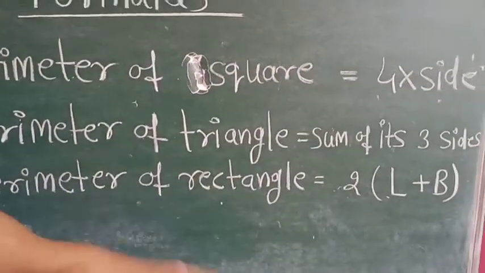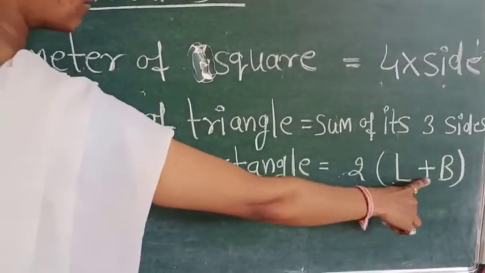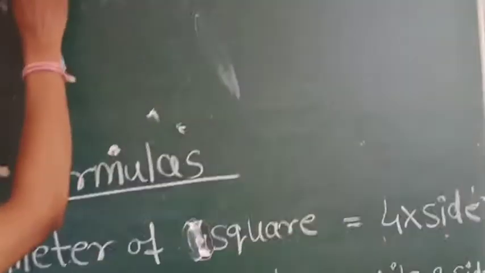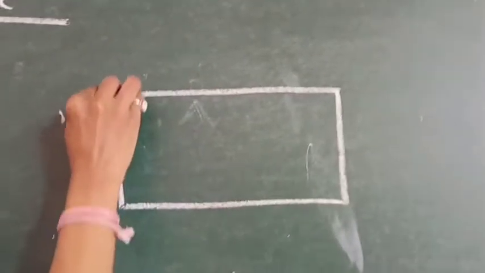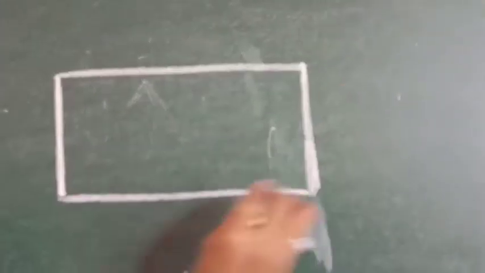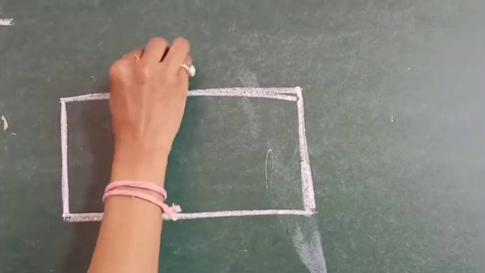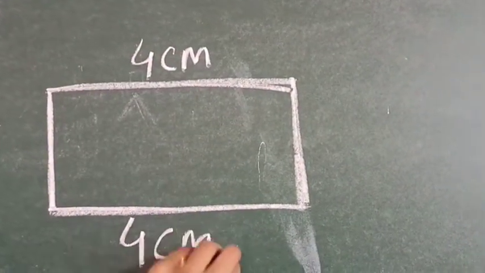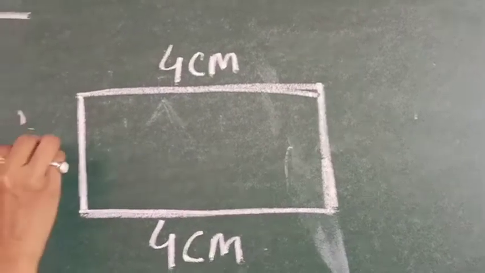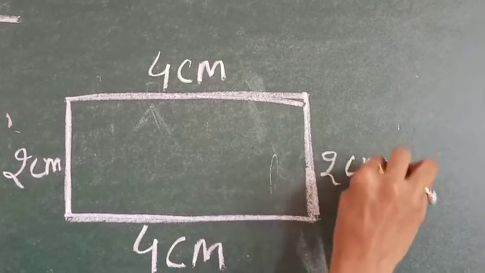After this we will come to the perimeter of a rectangle. So what is the formula for a rectangle? 2 times length and width. You can see this is your rectangle, right? Parallel sides are equal. If we give here 4 centimeter, so this is 4 centimeter. This is 2 centimeter and this is 2 centimeter.